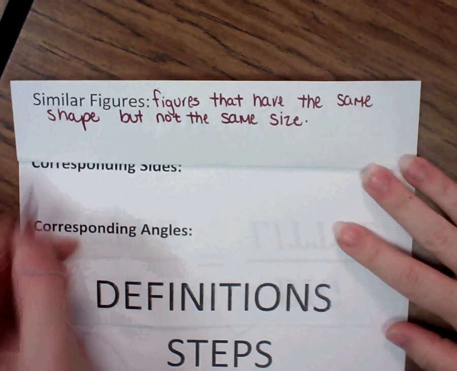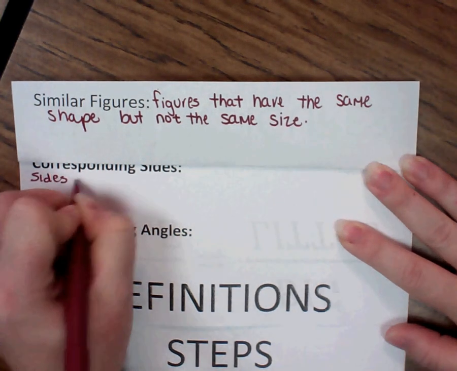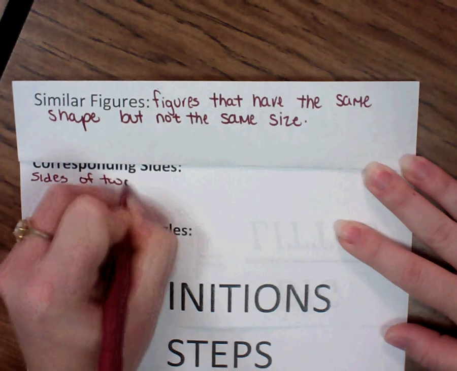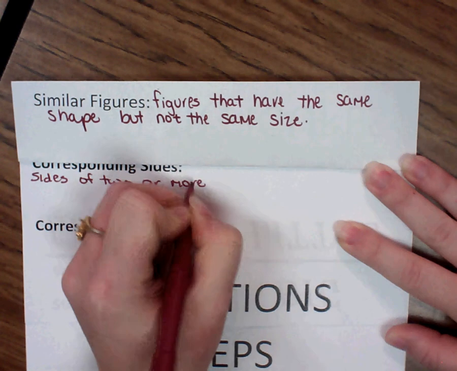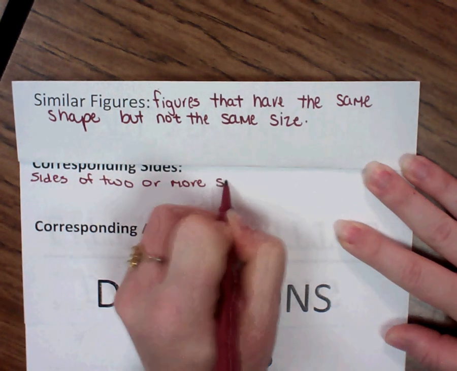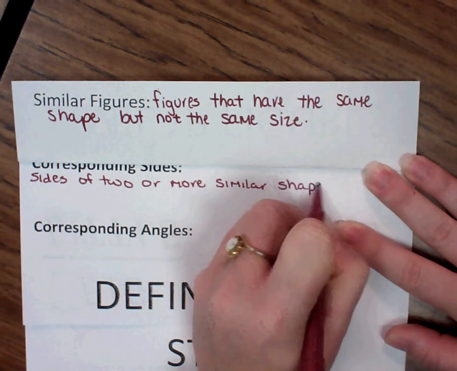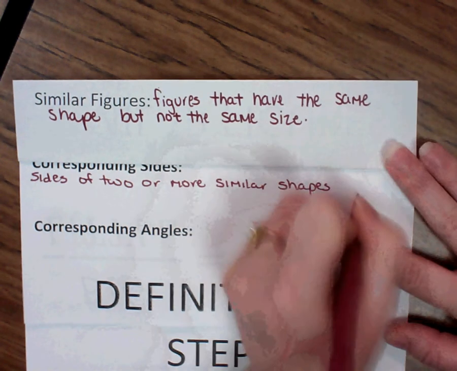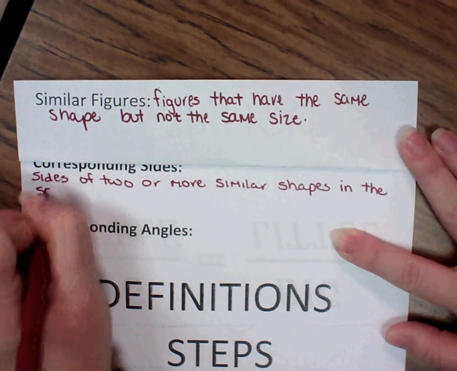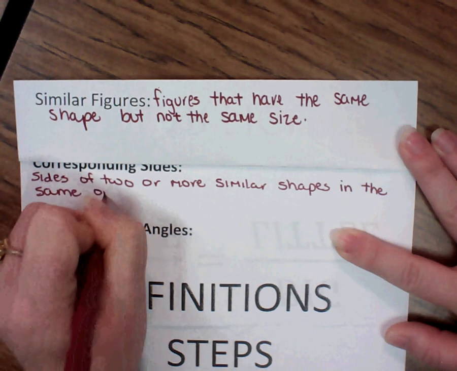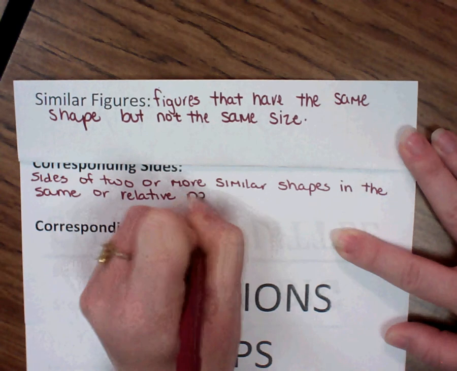Corresponding sides are sides of two or more similar shapes in the same or relative position.